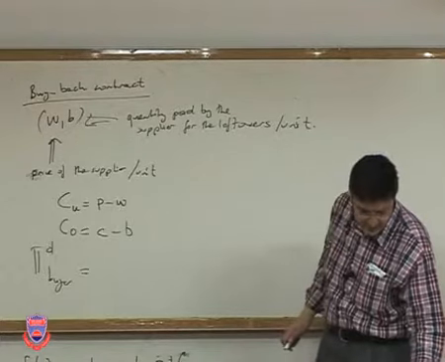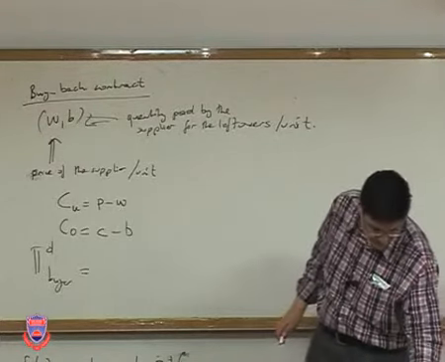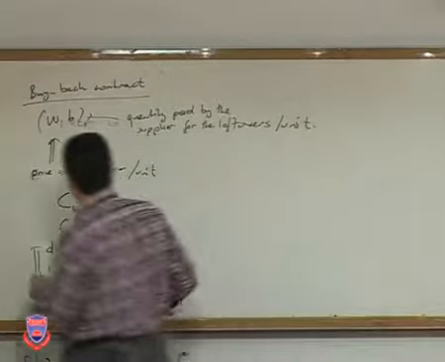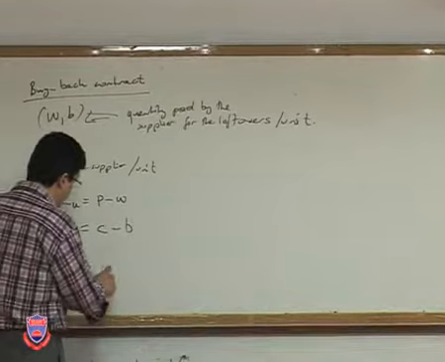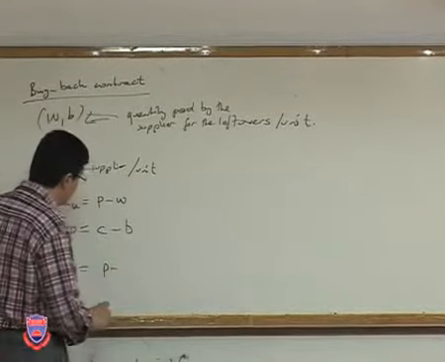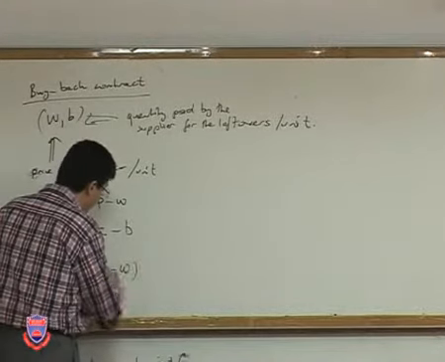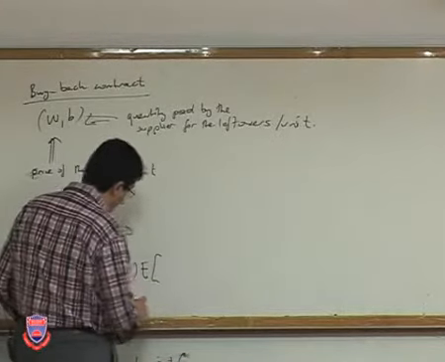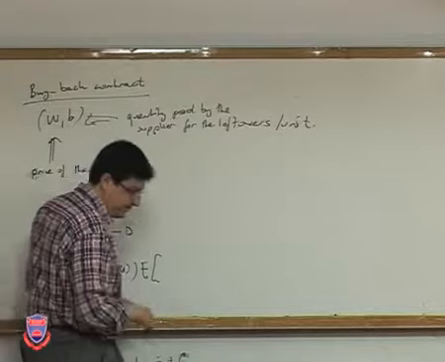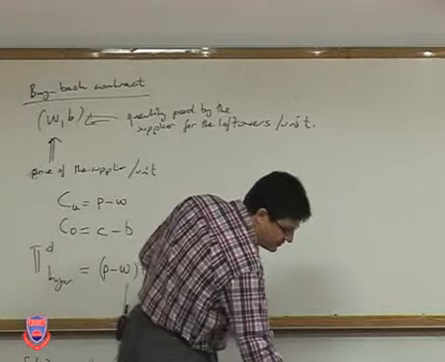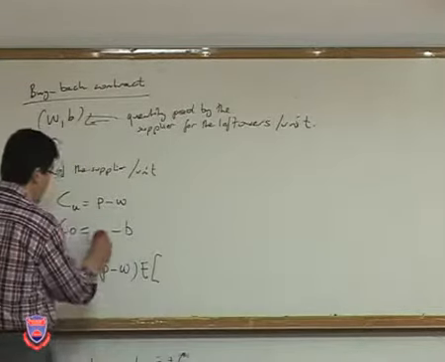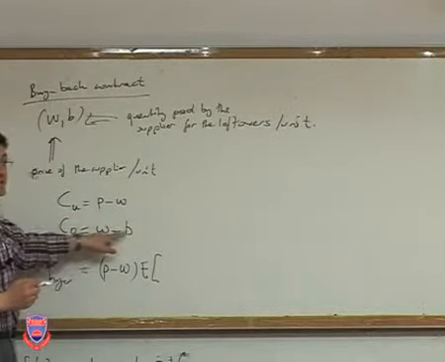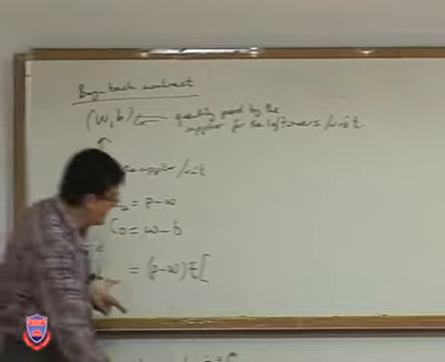So I'm going to have, this part is going to be P minus W, okay? And I'm going to have, excuse me, okay. This CO is W minus B, not C minus B. I'm talking about for the buyer.